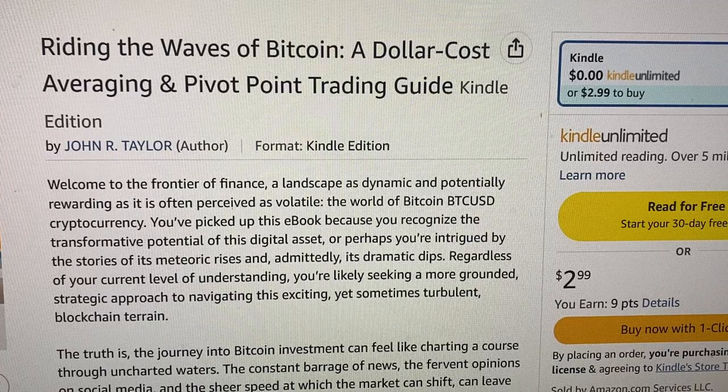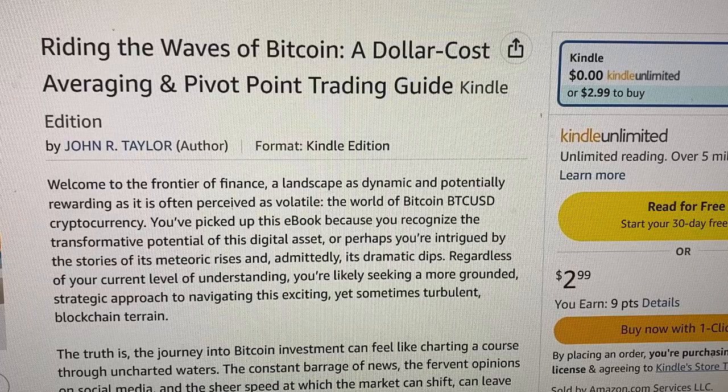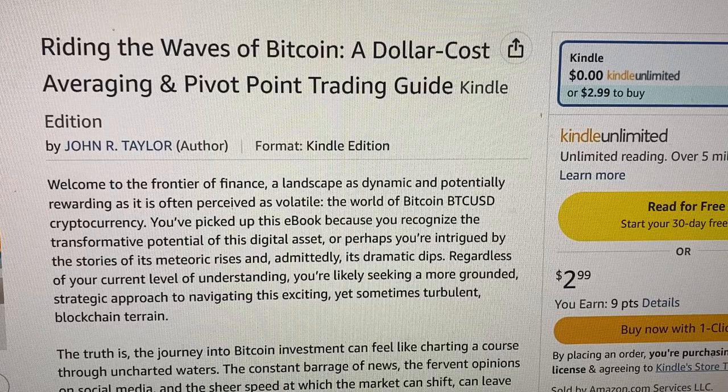Pivot points are a technical analysis tool used to identify potential levels of support and resistance, as well as overall market trend of Bitcoin. By calculating the key price levels based on previous high, low, and closes, you gain a framework for understanding where buying and selling pressure may intensify.